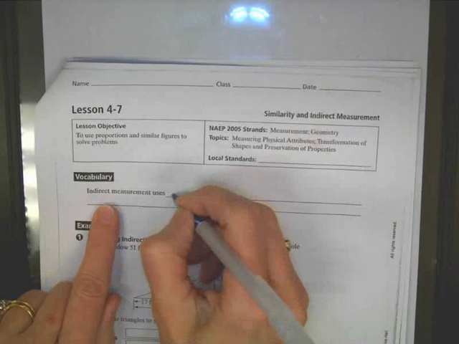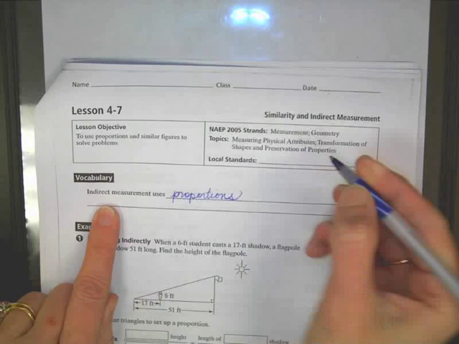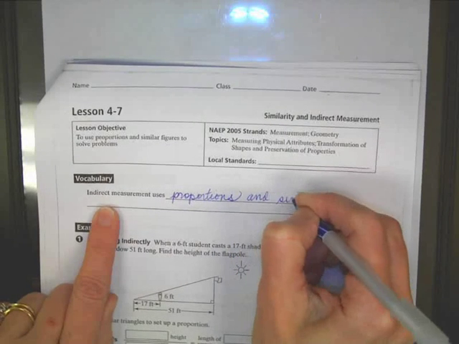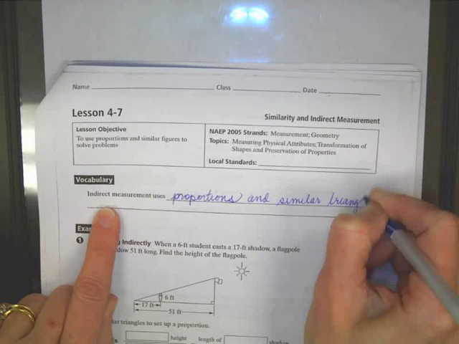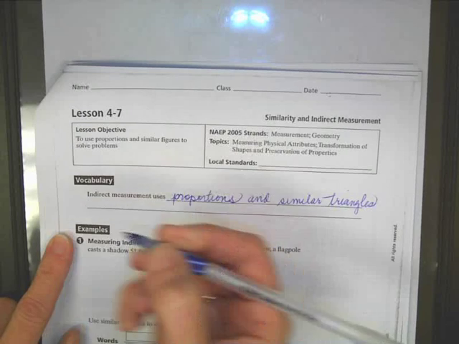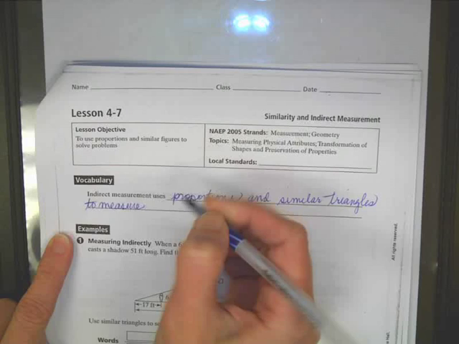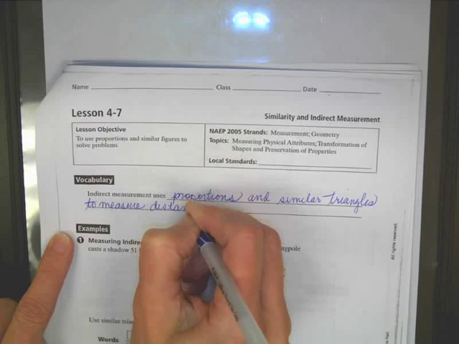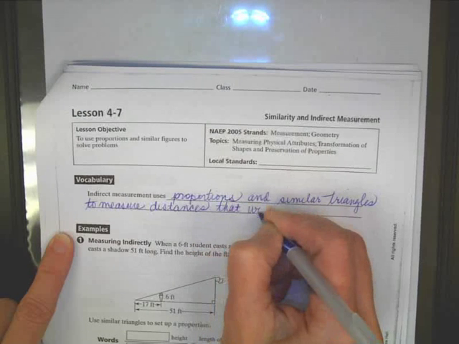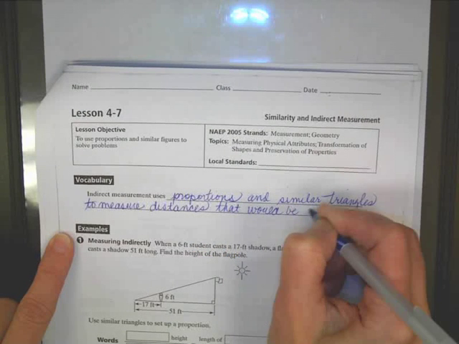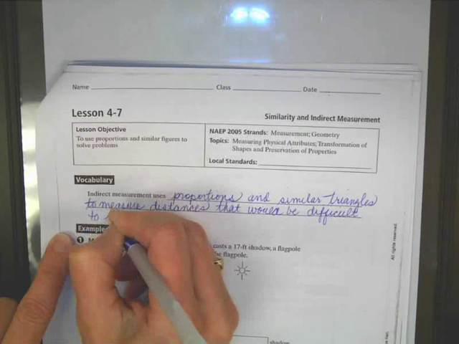Indirect measurement uses proportions and similar figures, or triangles, I should say, to measure distances that would be difficult to measure directly.